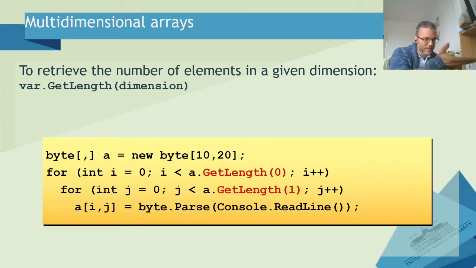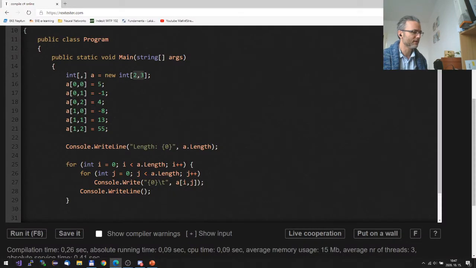This parameter is the index of the dimension. So the dimension of rows has the index 0, the dimension of columns has the index 1, and so on. So this is what we have to use here instead of the overall number of elements. Okay, let's give it a try.